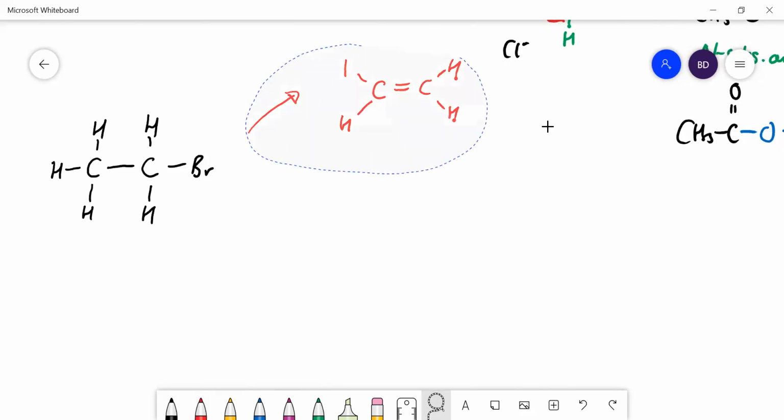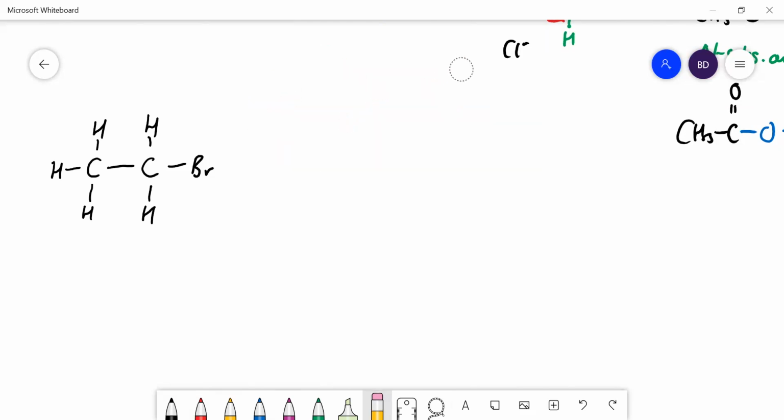Now, you have to be careful here because you use the same reagent, sodium hydroxide, as you do for nucleophilic substitution. But instead of having it dissolved in aqueous solution, you have it dissolved in ethanol.